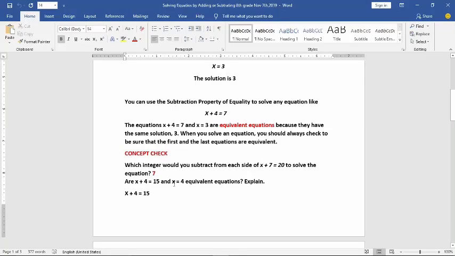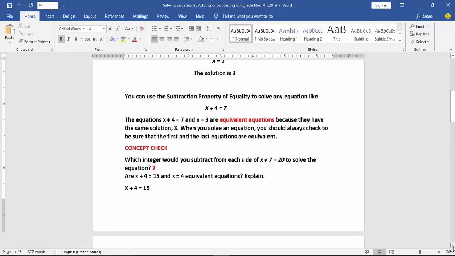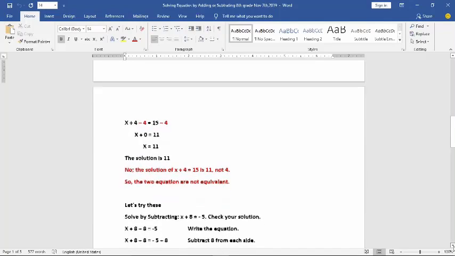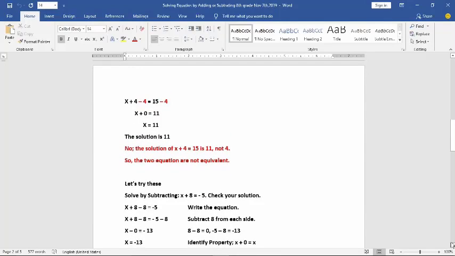And here they give x equals 4. Are they equivalent? This is the demonstration. X plus 4 minus 4 equals 15 minus 4.